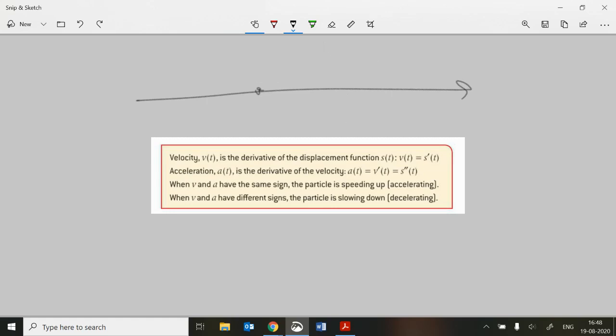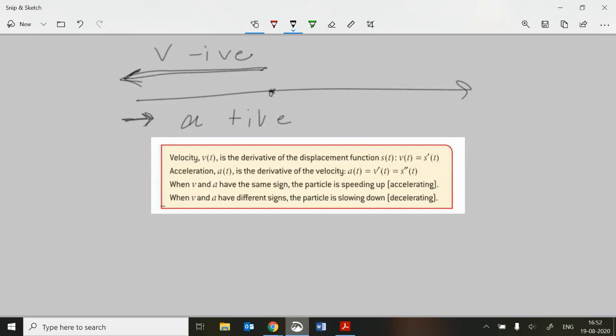If V is traveling this way, so V is negative, and A is positive, then we can see that we're also slowing down. If we're traveling backwards at 10 meters per second and our acceleration is 1 meter per second squared, then in the next second we're going to be traveling at 9 meters per second backwards, or -9.